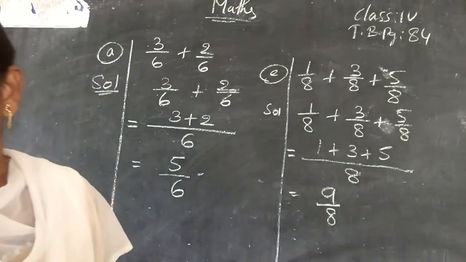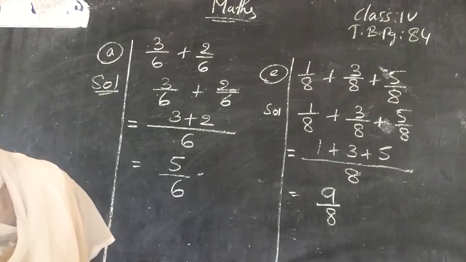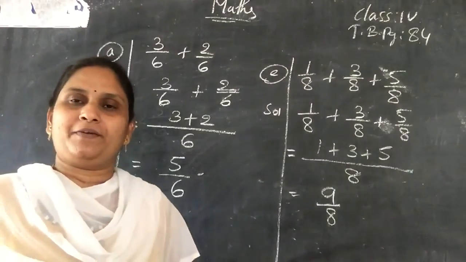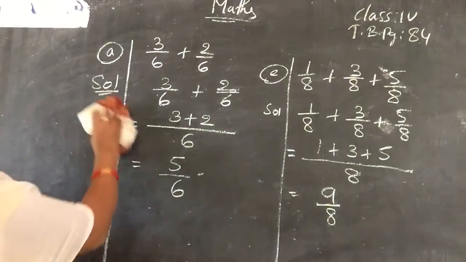And next, coming to the Roman number 2. Roman number 2 is a little bit of a process, children. Everyone now try to understand the concept.